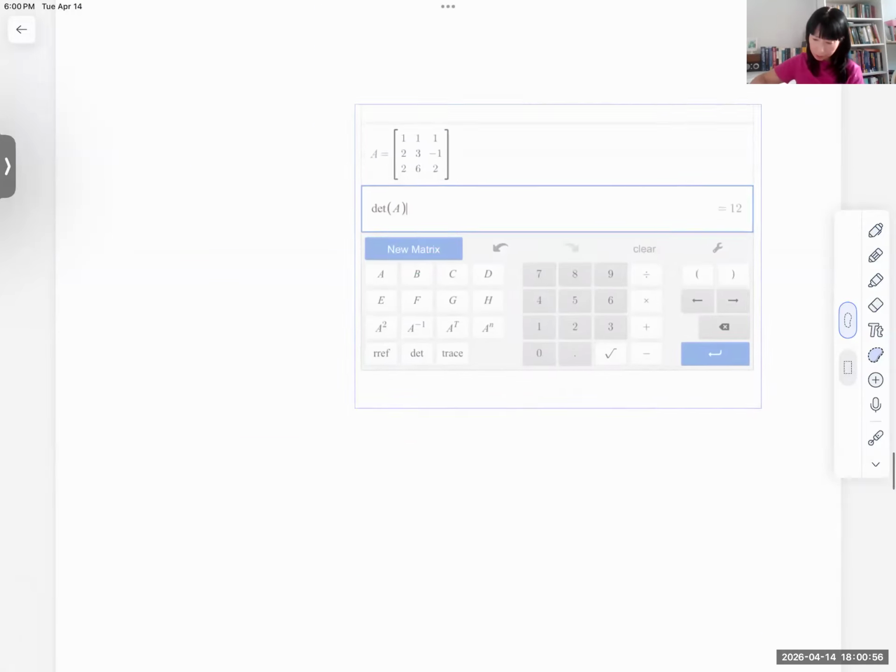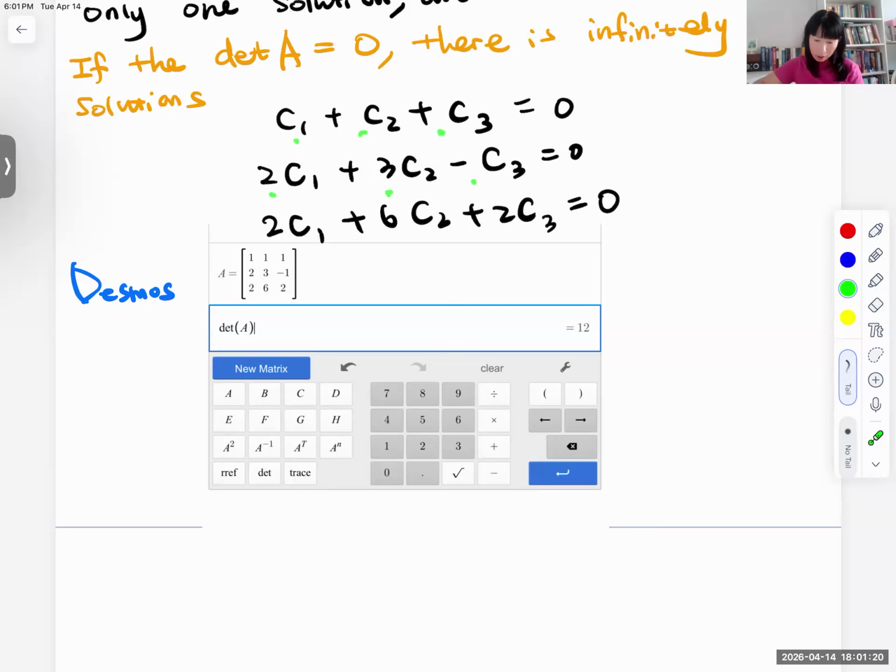Matrix, decimals. Okay, so I just copy 1, 1, 1, 2, 3, negative 1, 2, 6, 1, 2. Take the coefficient. Then we use the determinant of A, which is 12, which is non-zero.